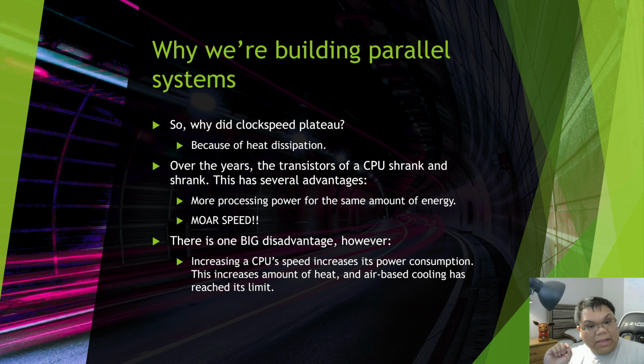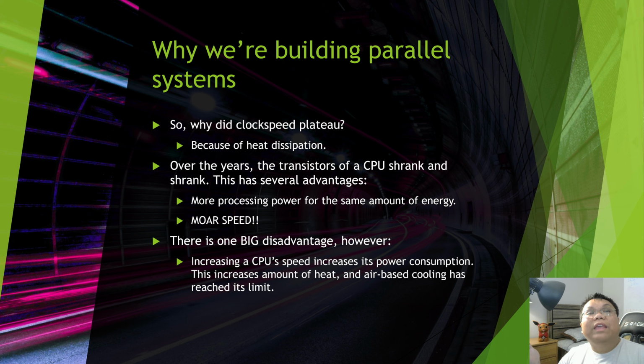Even if we can shrink down a CPU, and the main reason for shrinking the transistors on a CPU is we can get more processing power for the same amount of energy because everything's so much smaller, so we don't need to use as much energy to run these things.